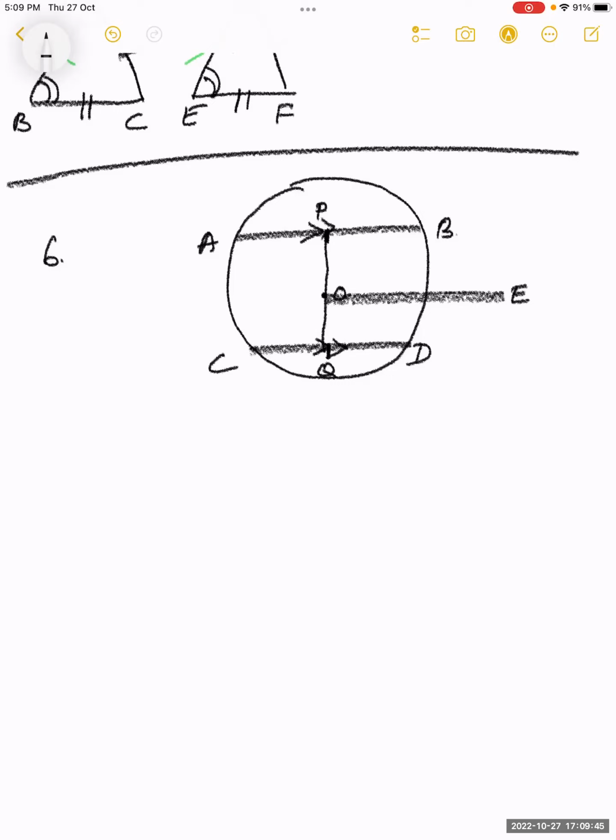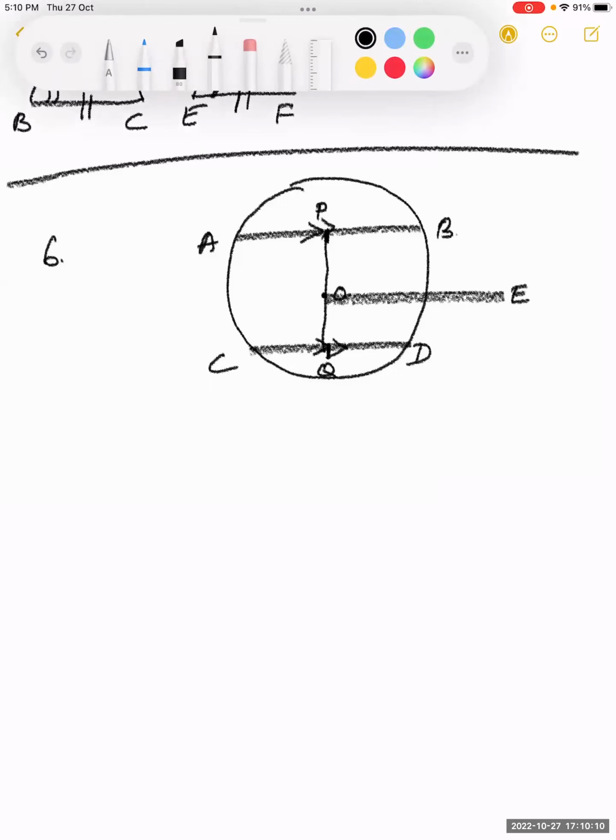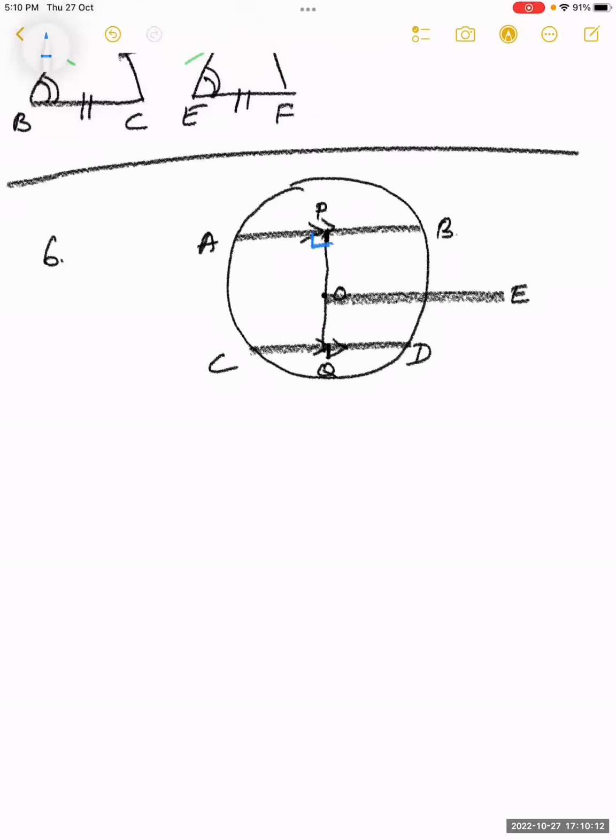You can, right? Yes, because I'm cutting parallel lines. I'm cutting two or more parallel lines. So I can consider PQ as a transversal. Now, what is OPA? I'll just change the color. Can I consider this as 90 degrees?